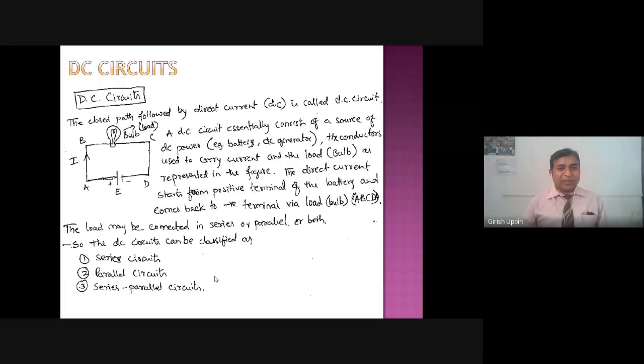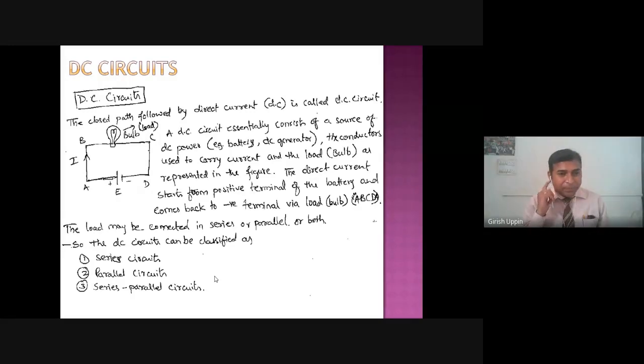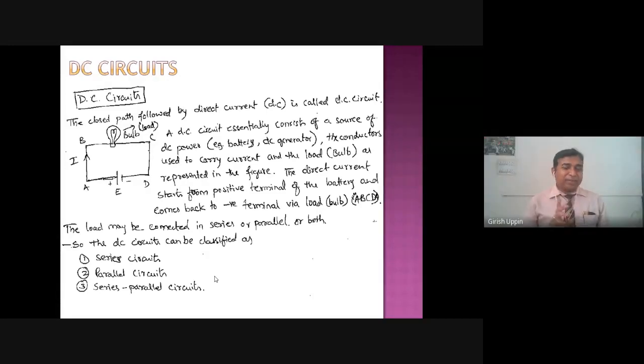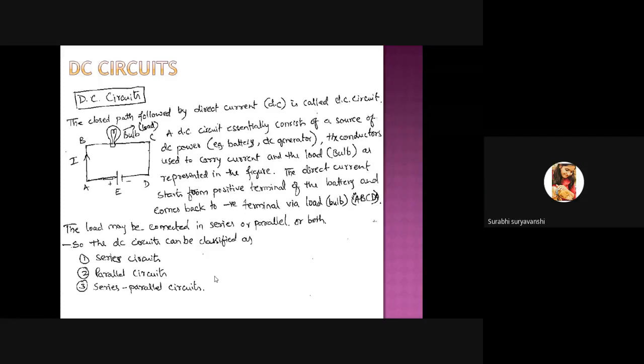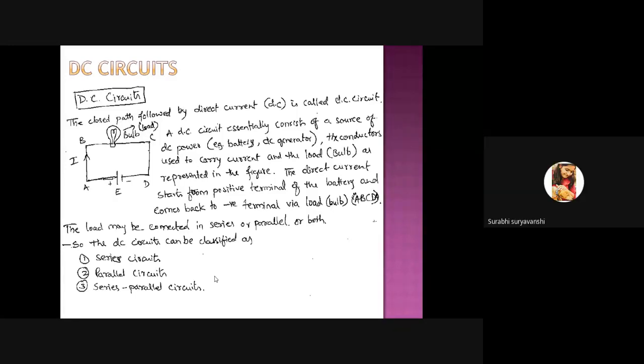Correct, very good, you are very close. If one is damaged, then others will not work. Yeah, that is a very good answer. They cannot be operated independently of each other. Very good.